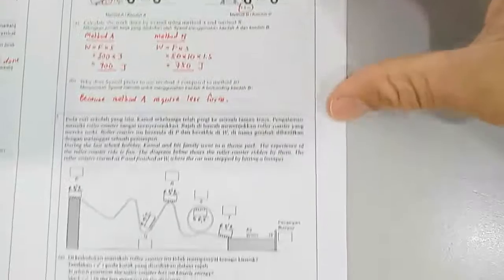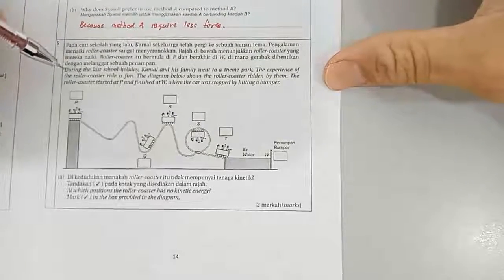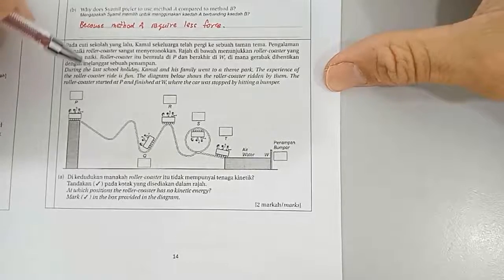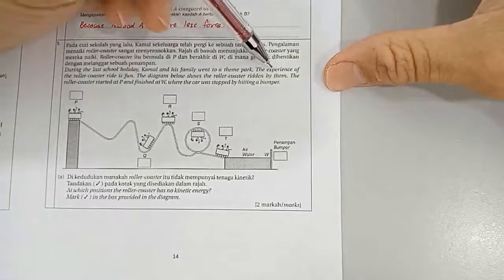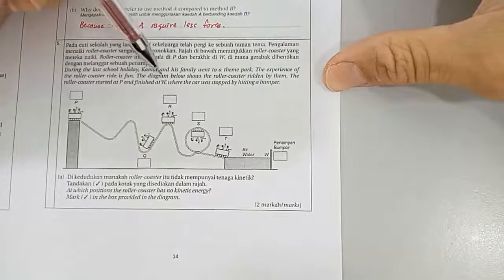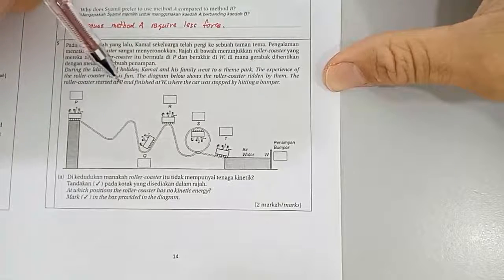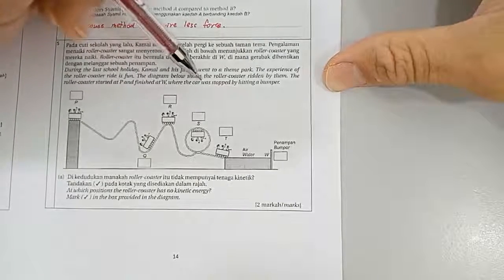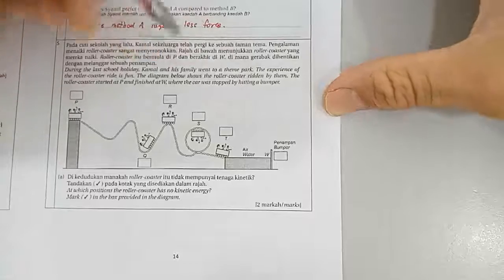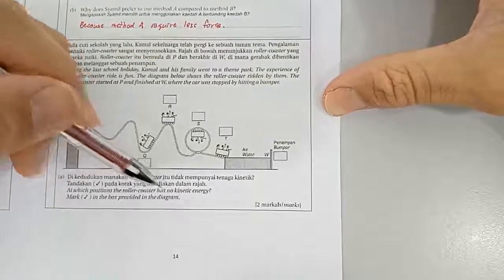Alright, next, number 5. During the last school holiday, Kamal and his family went to a theme park. The experience of the roller coaster ride is fun. The diagram below shows the roller coaster ridden by them. The roller coaster started at P and finished at W, where the car was stopped by hitting a bumper. At which position does the roller coaster have no kinetic energy?